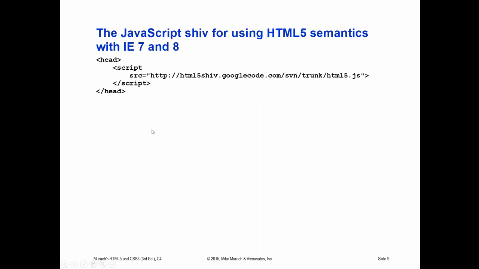Now they talk here about this shiv, sometimes called a shim. Depending on the book you read, it has an M or a V there. It's for older versions of Internet Explorer, before IE9. Unfortunately, there are still some people out there using those older versions.